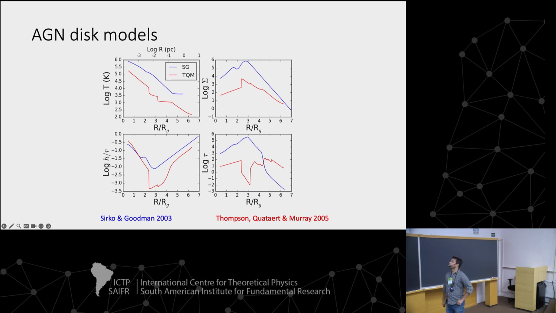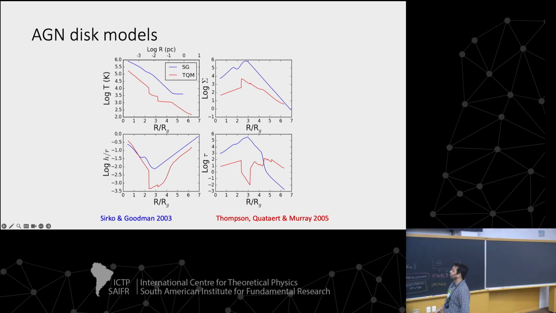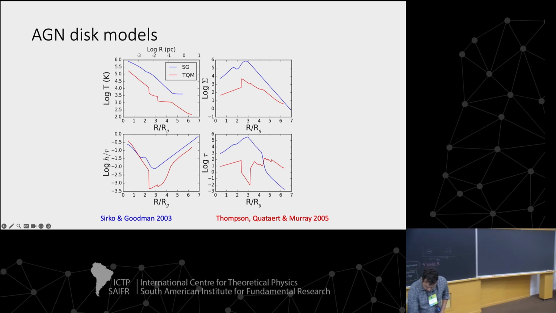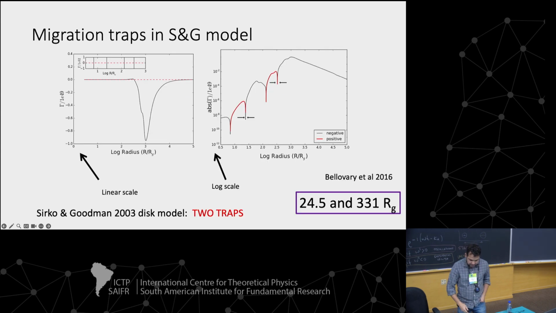So you have here 2 different AGN disk models that are widely used in the literature. This is the Sirko-Goodman model. You have here the temperature and the scale heights of this, and the TQM model, right? And we calculated where the migration traps should be in these cases.